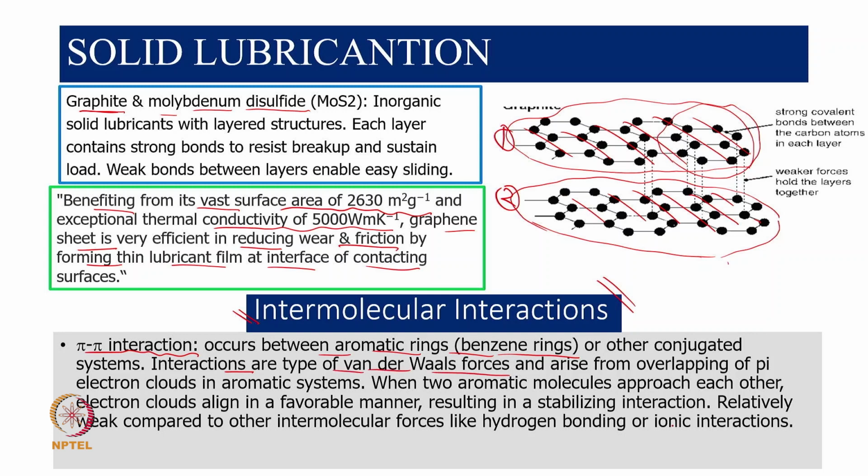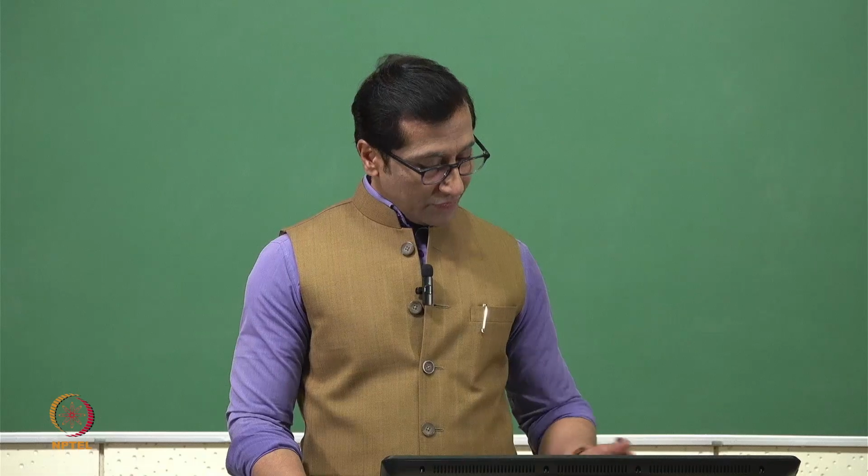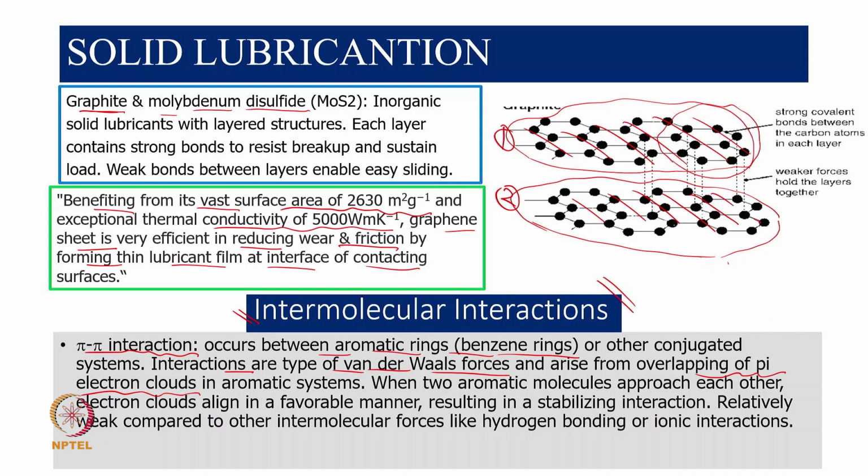It is happening because of the overlapping of the pi electron cloud, and this pi interaction causes a lesser shear stress. That's a weaker bond compared to other bonds, like hydrogen bonding, or ionic interaction like NaCl or something like that.